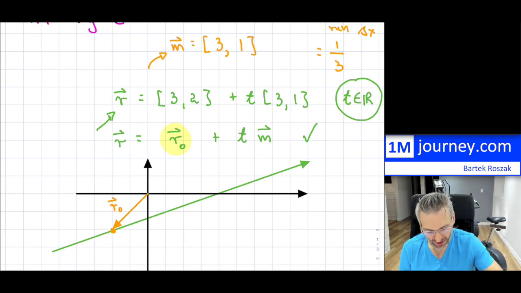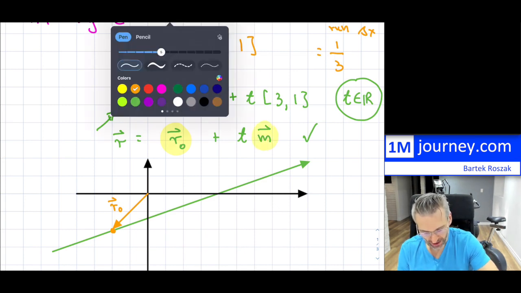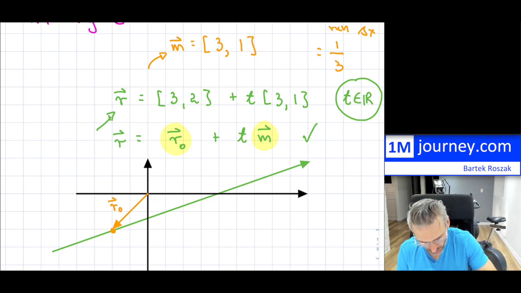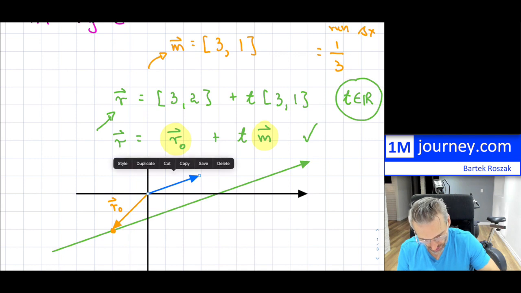And then you need another vector, and this is going to be the vector which is parallel to this line. It does not matter if that vector is going in this direction. So it certainly can be that. So this is your m vector.